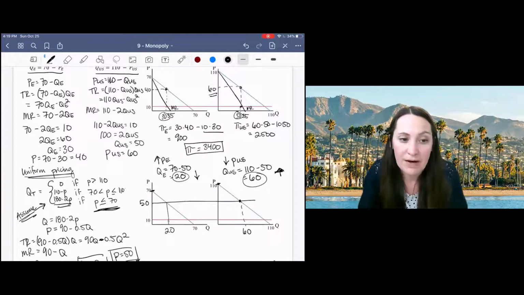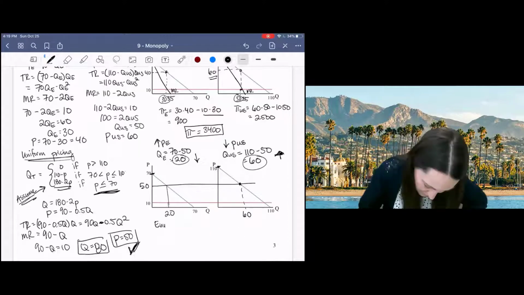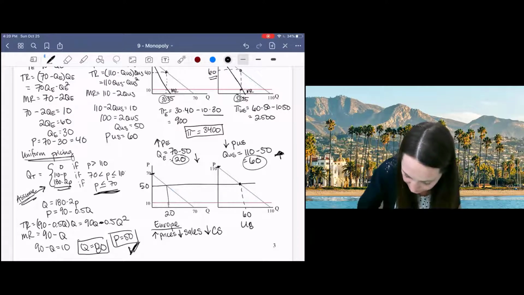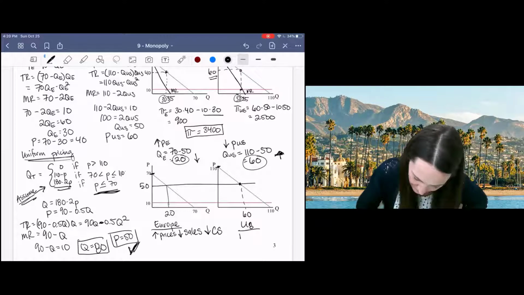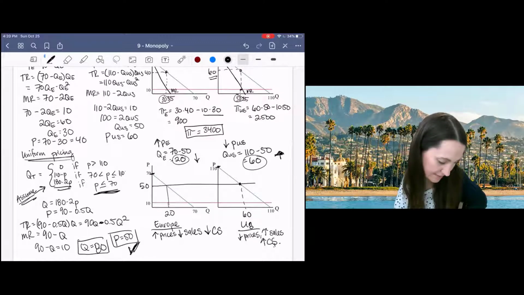If we have uniform pricing, we actually end up selling even less in Europe because those customers have a lower willingness to pay. To sum up, we have this increase in prices, a decrease in sales, and a decrease in consumer surplus. In the US, we have a decrease in prices and an increase in sales. So we're going to have an increase in consumer surplus.